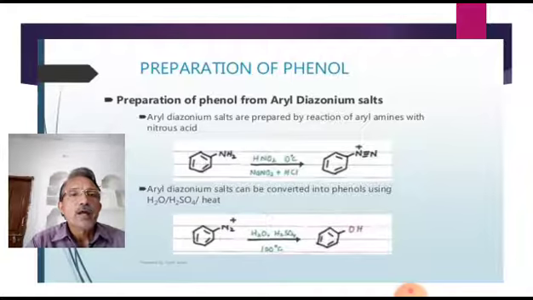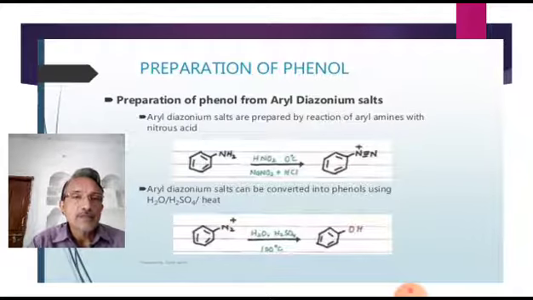Normally, in this method, phenol is obtained in two steps. In the first step, benzene diazonium salt is obtained. In the second step, benzene diazonium salt undergoes hydrolysis to give phenol.